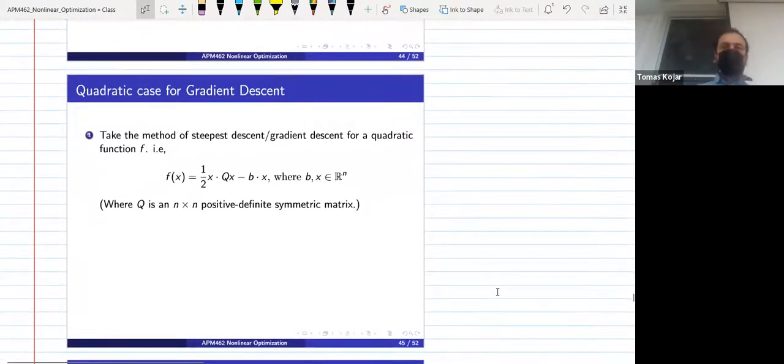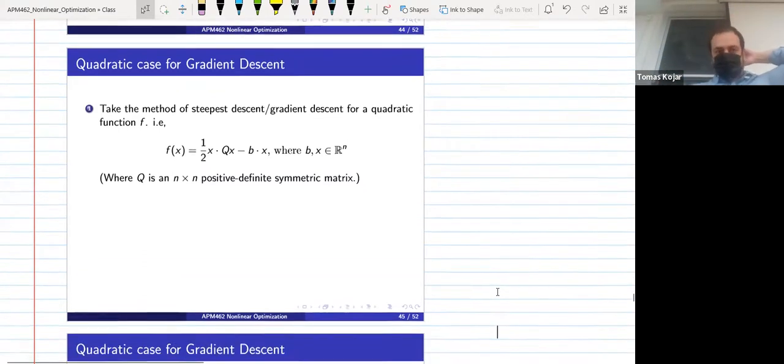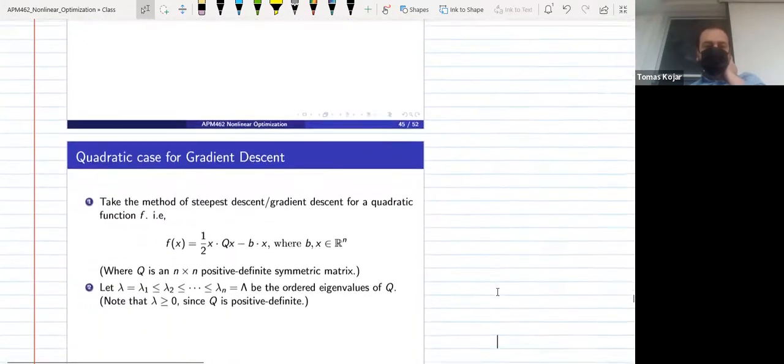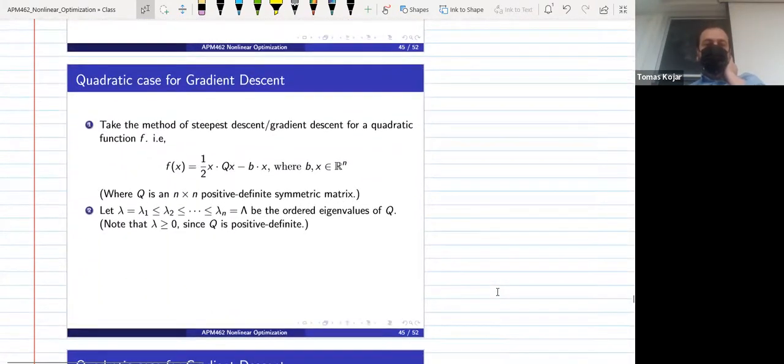Now let's use the remaining time. I'll do an example, and I might finish it next time. Take this function, and we will apply gradient descent because it's easy to compute.